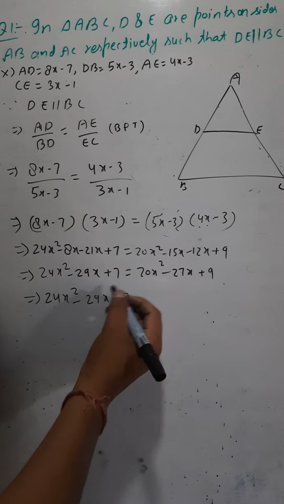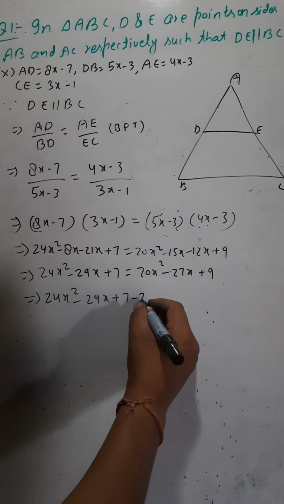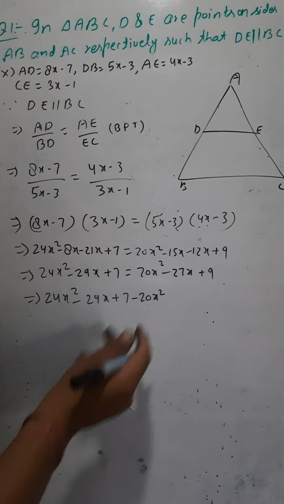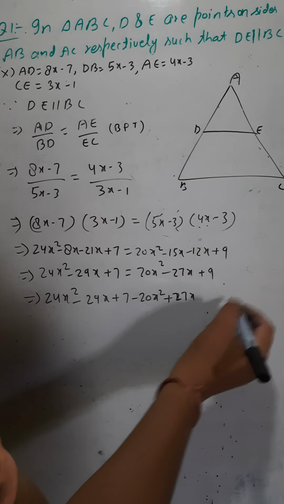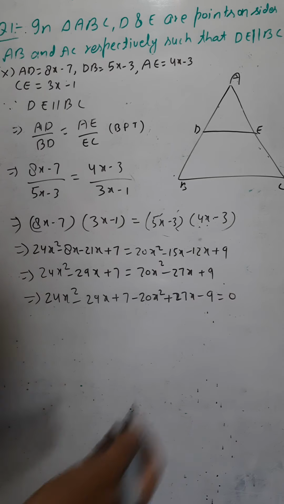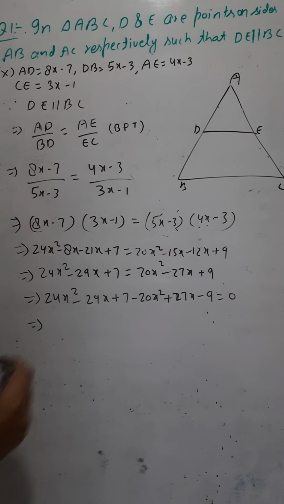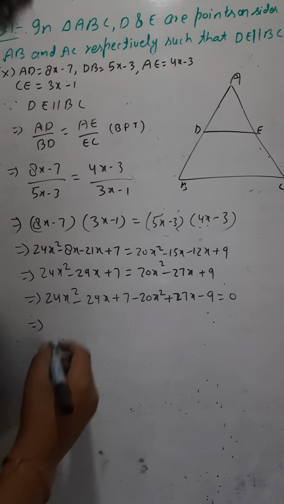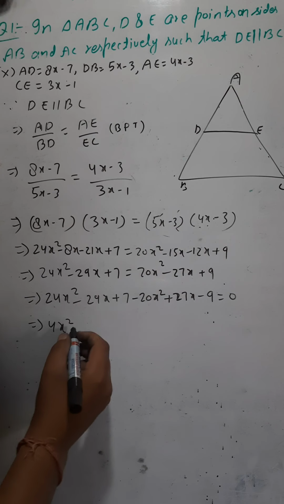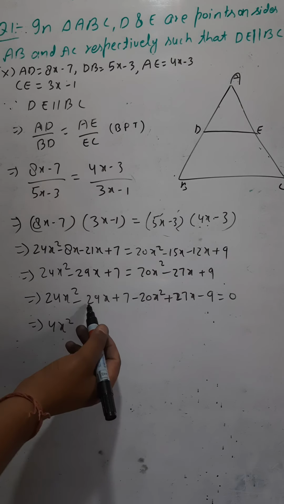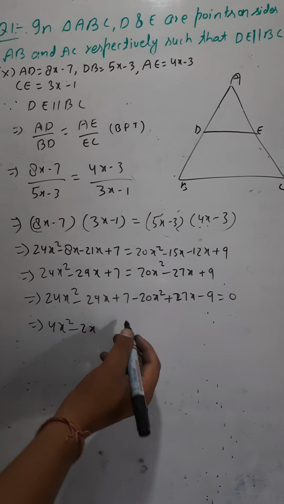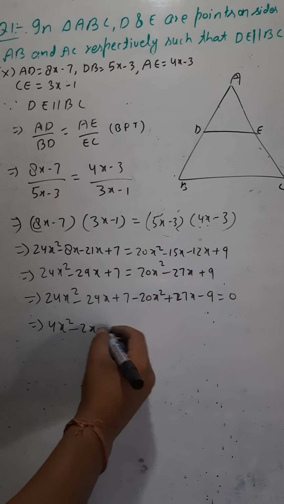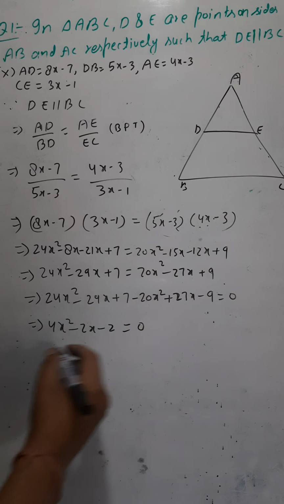This also would come here, so plus 20x square would become minus 20x square, plus 27x, and minus 9 would be equal to 0. Now 24x square minus 20x square would be 4x square. Similarly minus 29 plus 27 would be minus 2x. Similarly 7 minus 9 would be minus 2 would be equal to 0.